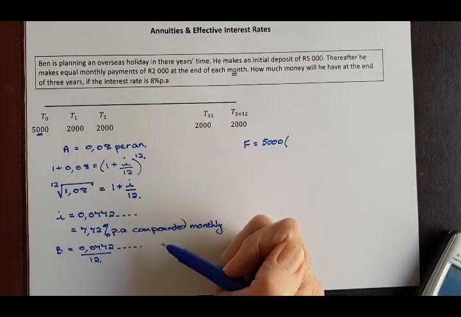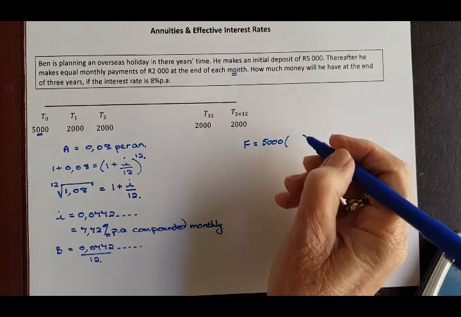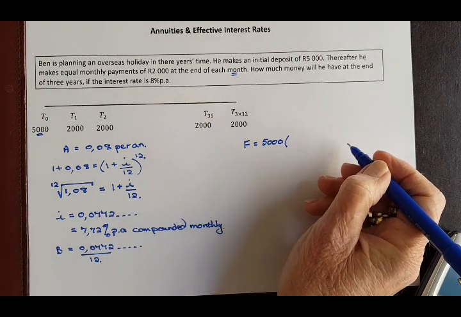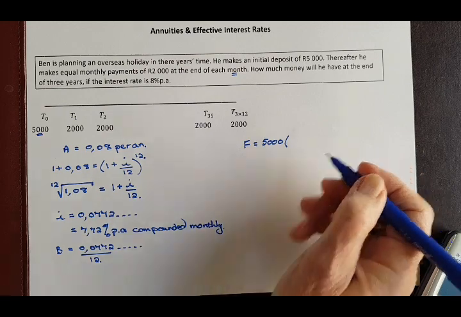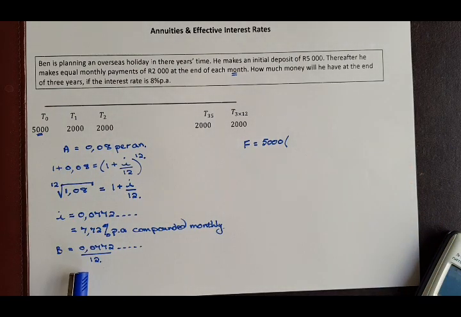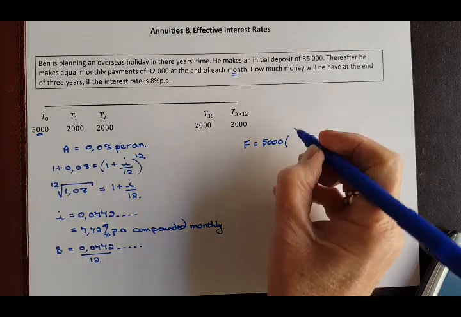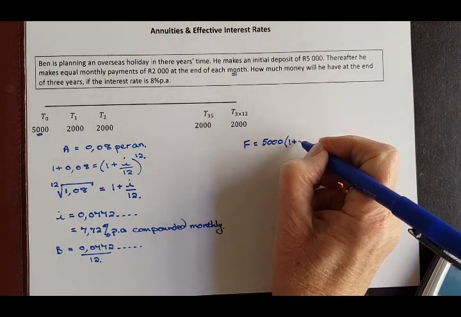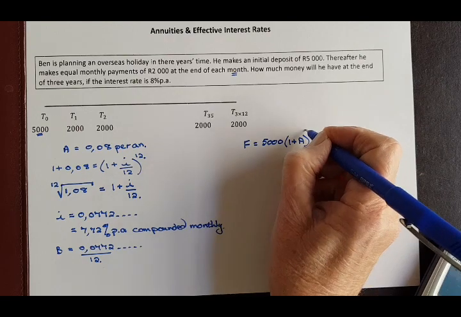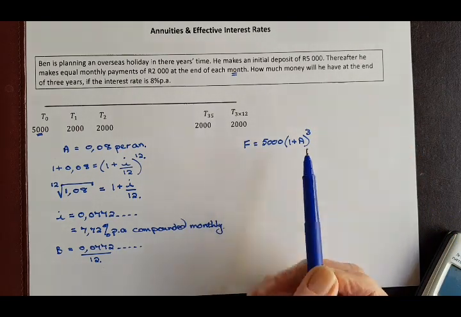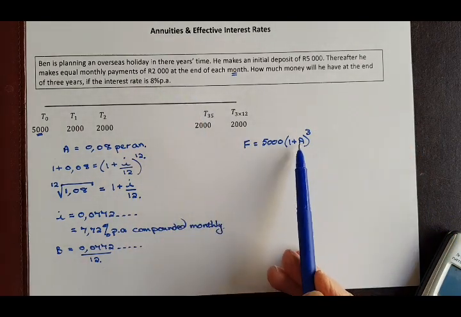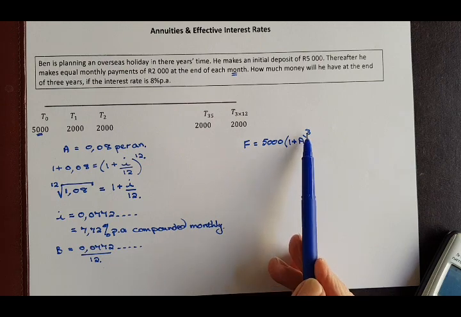It's a one-off deposit. Therefore, you're going to use the formula 1 plus I to the power of n. Now, in this case, it doesn't matter whether you use that interest rate or that interest rate. I'm going to use that one just to show you. That could be 1 plus A to the power of 3. Okay? 8% per annum compounded annually.